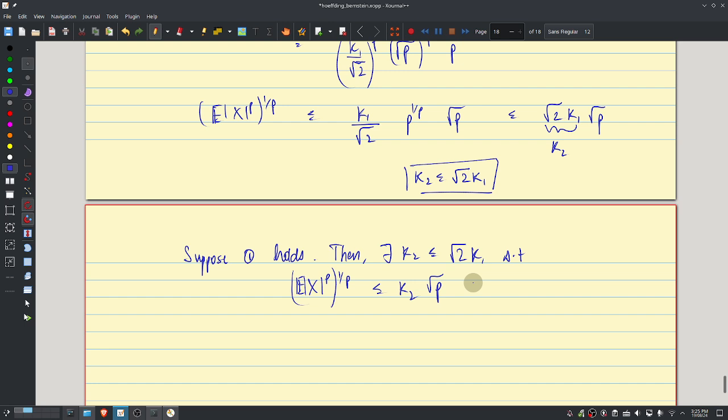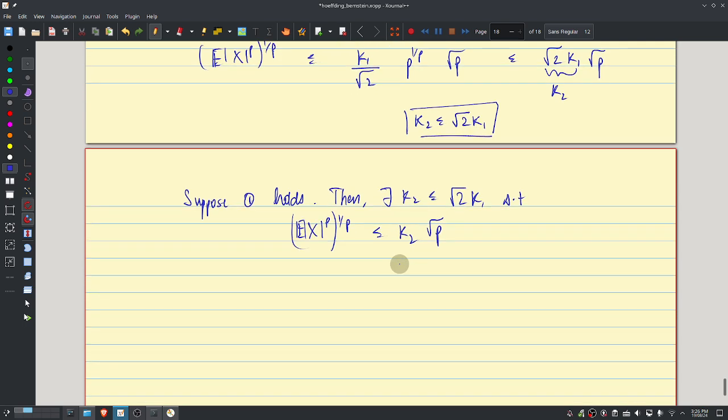Okay. There's some K2 and I only have an upper bound on this particular K2. I can choose it to be square root 2 times K1. I could choose it to be something larger than square root 2 times K1. This inequality would still hold. But I don't have to choose it too much larger than square root 2 times K1 to get a bound. Any questions?